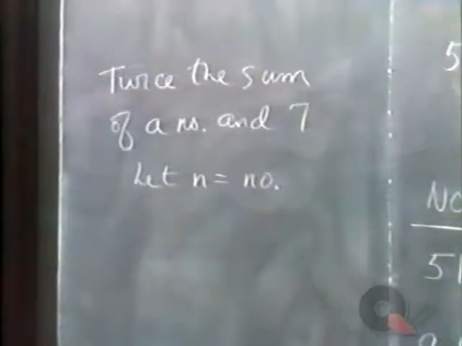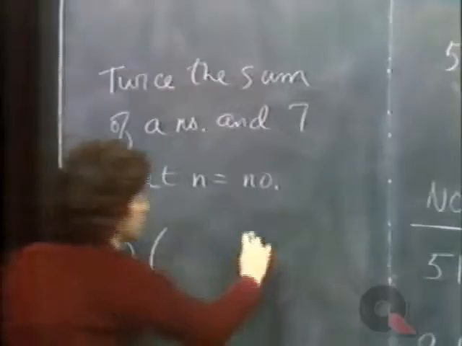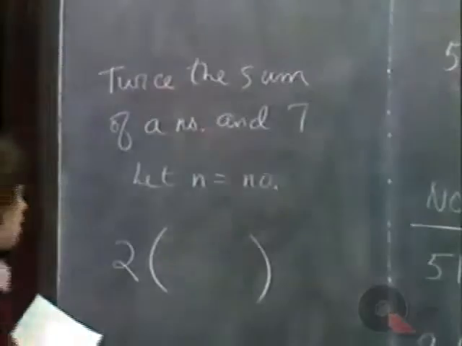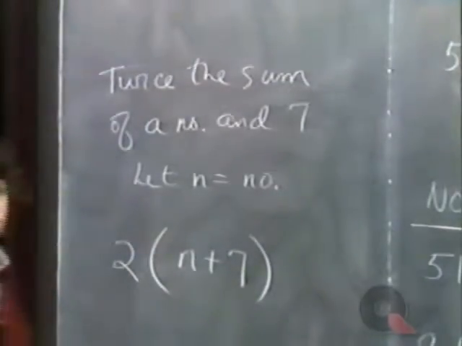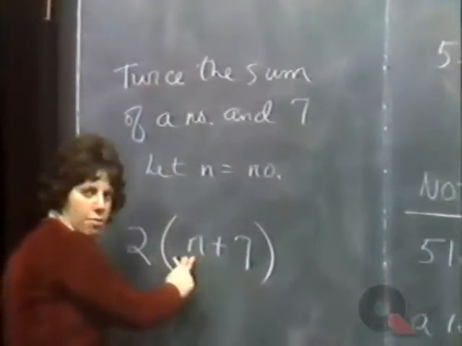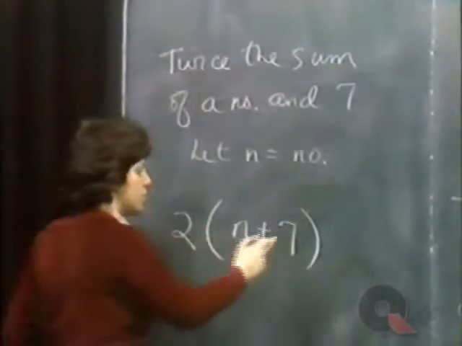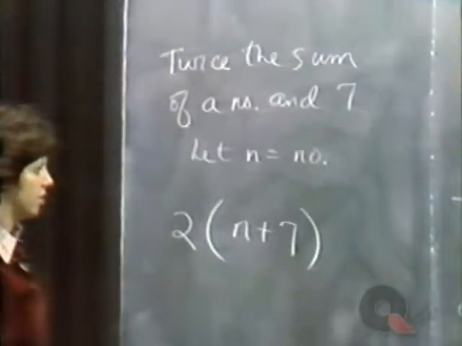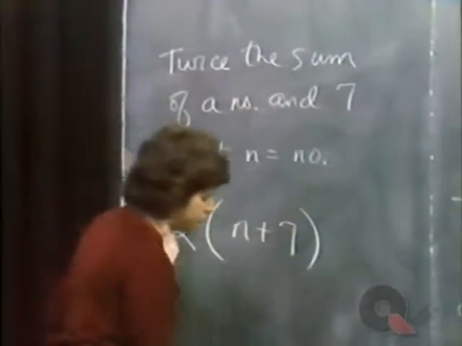Twice the sum of a number and 7 is 2 times, in parentheses, n plus 7. Here we have the sum of the number and 7, n plus 7. We want twice the sum of the number and 7. Okay, this is 2 times n plus 7 in parentheses.